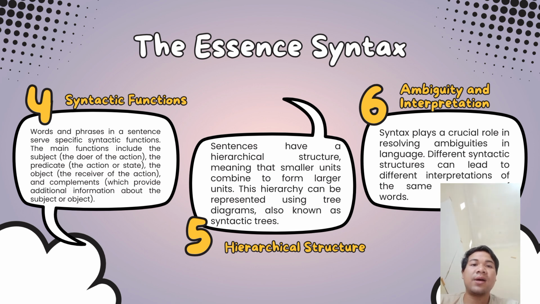This sentence is ambiguous because it can mean either I used a telescope to see the man, or I saw a man who was holding a telescope. Syntax helps in analyzing and clarifying such ambiguities through the use of tree diagrams and syntactic rules.